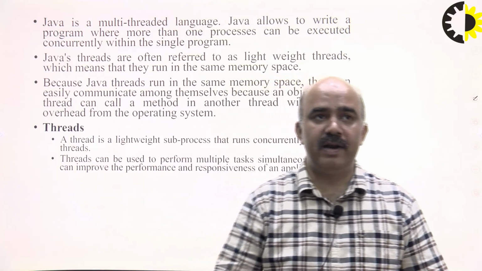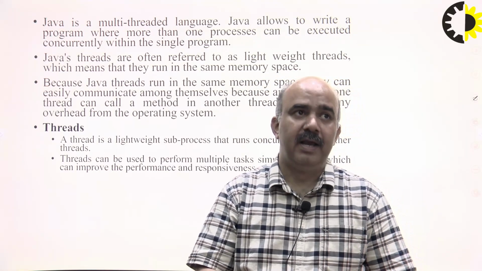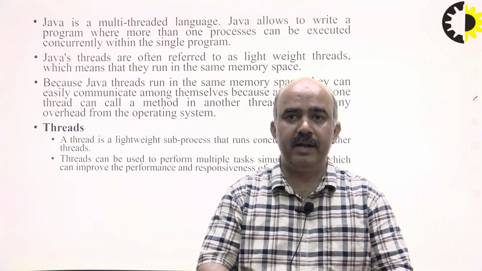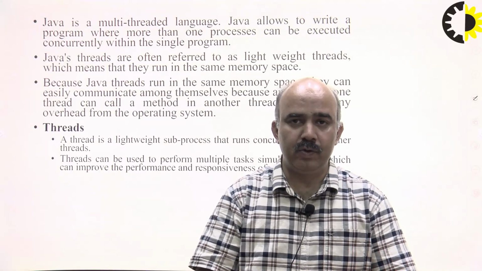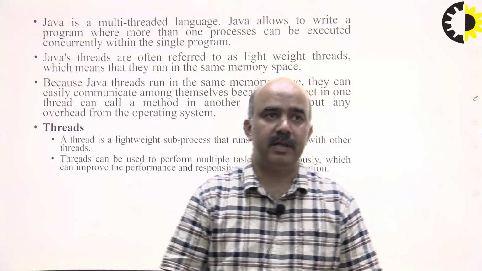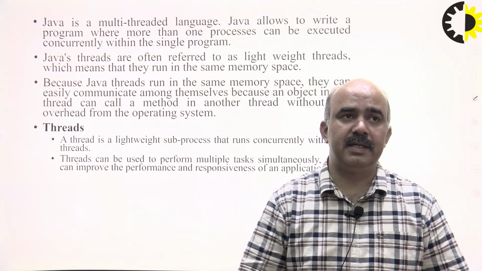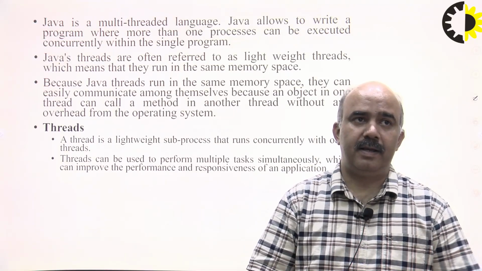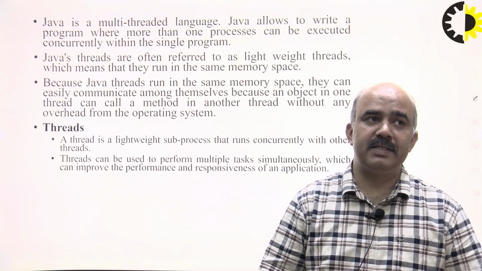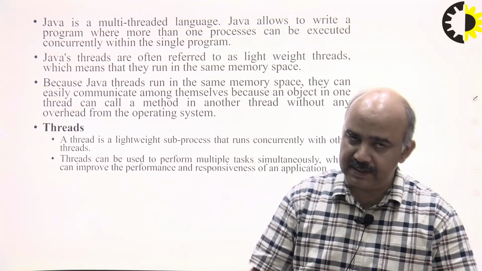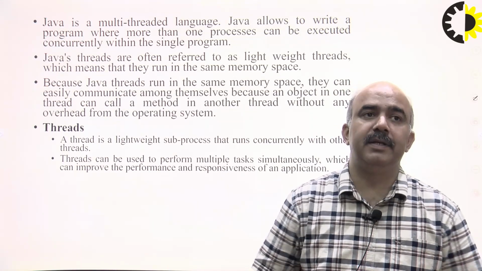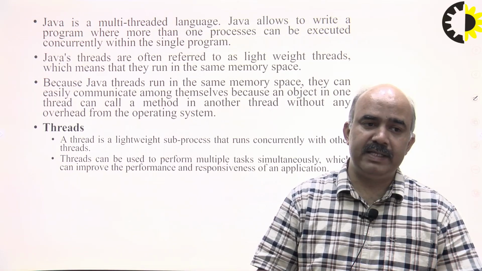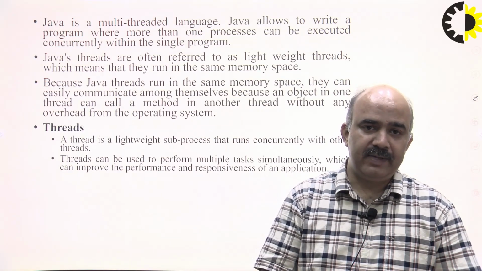Java threads are often referred to as lightweight threads, which means they run in the same memory space, but use different resources and are executed in parallel. Because Java threads have the same memory space, they can easily communicate among themselves, because through the object one thread can call the method of another thread. So, inter-thread communication can happen. As they have the same memory space, they can communicate with each other.